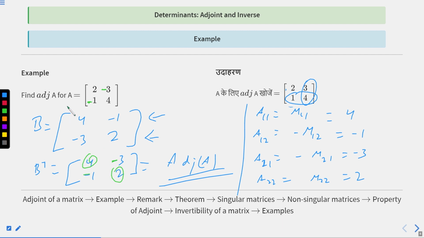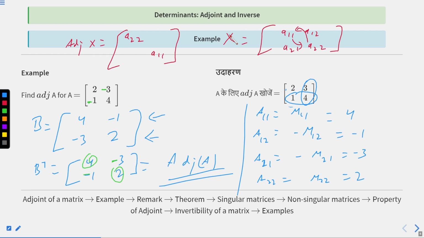So in a 2 cross 2 matrix with entries A11, A12, A21, A22, the adjoint is directly evaluated by interchanging the positions of the main diagonal entries, A22, A11, and giving an extra minus sign to the other diagonal entries.